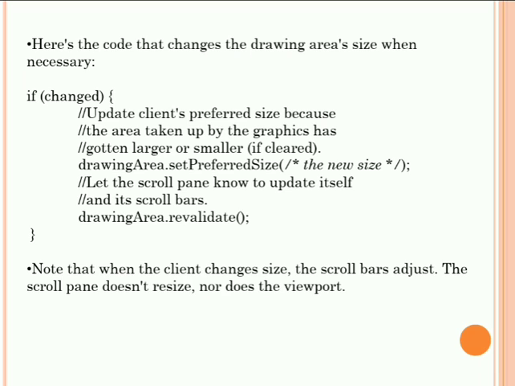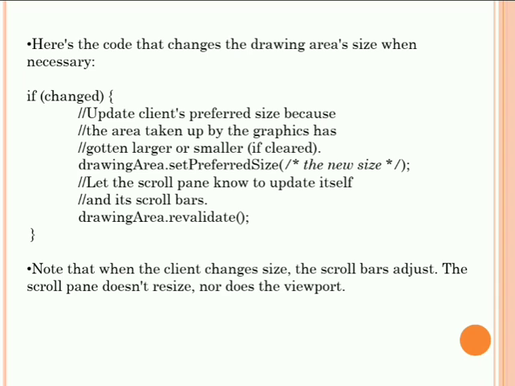The new size, let the scroll pane know to update itself and its scroll bars. Drawing area dot revalidate: revalidate means we give the command of revalidate, so that the scroll pane will understand it can change the client size depending on the circles, or depending on the components we are adding into that particular area.